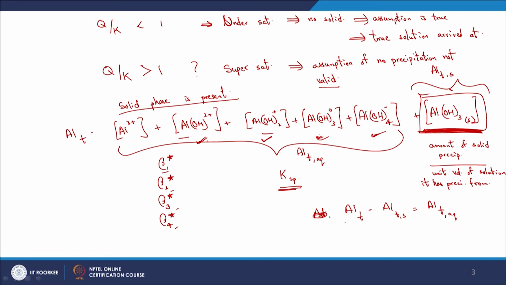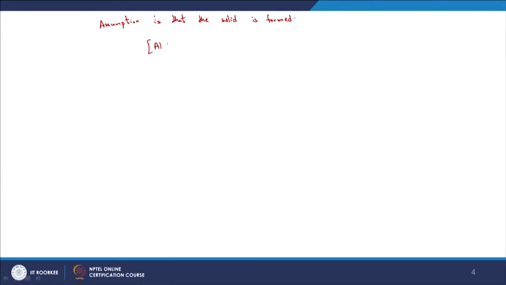Again, there is another method too, where instead of assuming that the solid is not present, you assume that the solid is formed, right? Then you go ahead with your relevant calculations, and I am going to continue with the earlier example. Let us say I calculate this value of Al(OH)3 solid to be a positive value.